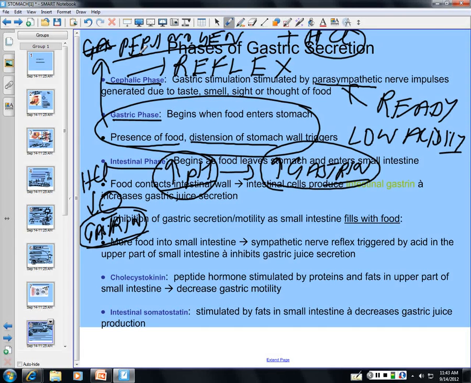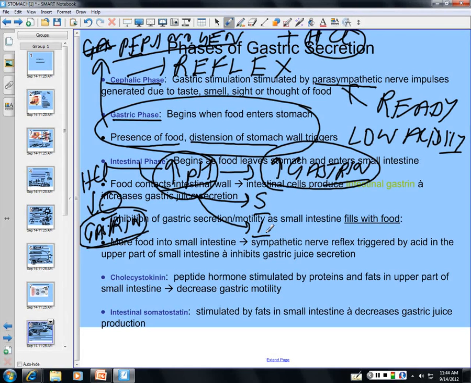Don't worry if you still haven't gotten it, because in the next slide I'll explain it again. Okay? The next phase is the intestinal phase, which begins as food leaves the stomach and enters the small intestine, and has two phases: one is the stimulatory phase, and one is the inhibitory phase. The stimulatory or excitatory phase starts when food first enters and contacts the duodenum of the initial intestinal walls.